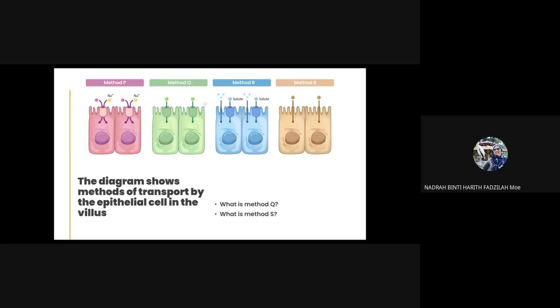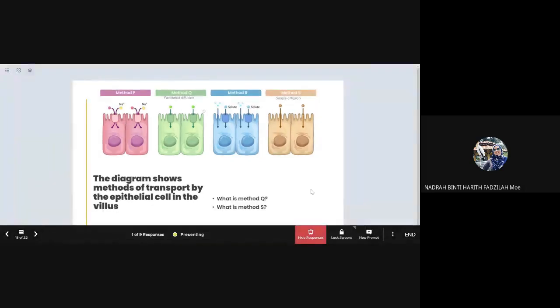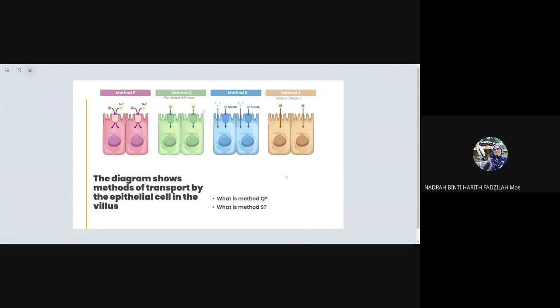Okay, saya nampak tulis halus kat atas tu. Okay, idea dia ialah Q is facilitated diffusion, S is simple diffusion. Ya, okay, mari kita tengok. Okay, Q is facilitated diffusion, S is simple diffusion. Sebab apa?